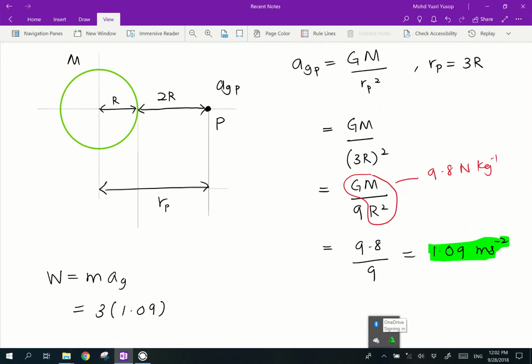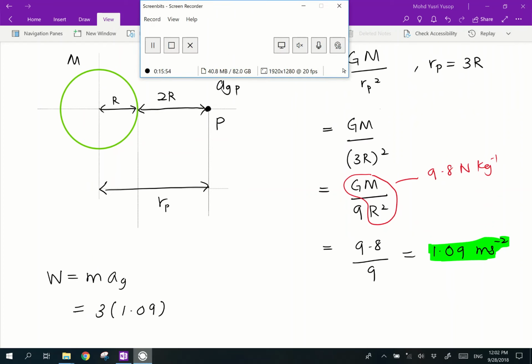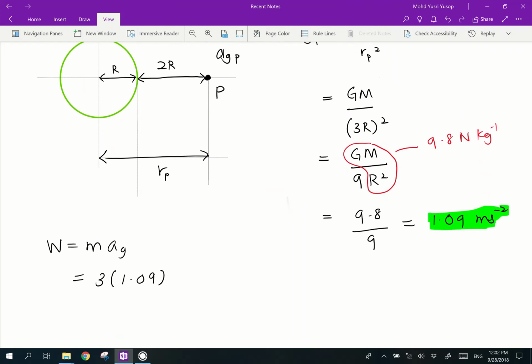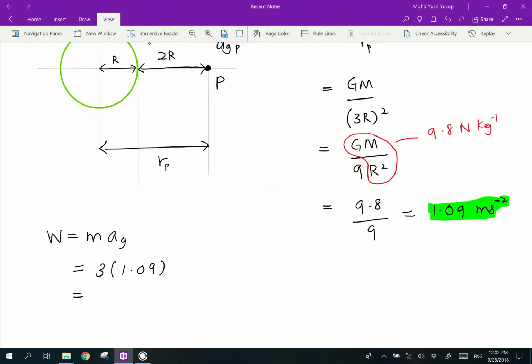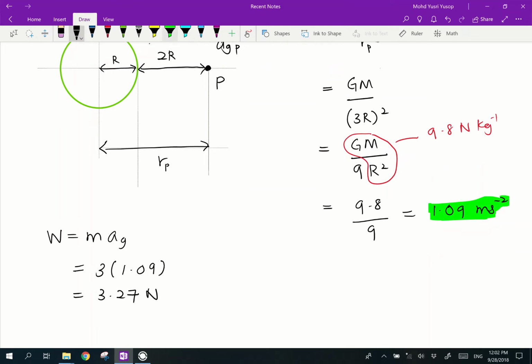Okay, we already substitute the value, and the answer for weight is equal to 3.27 Newton. Okay, so that's the answer for question B2.